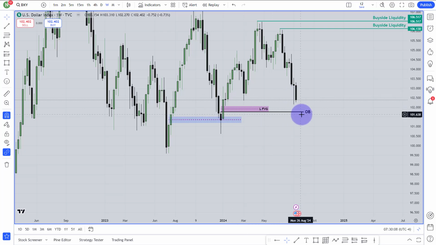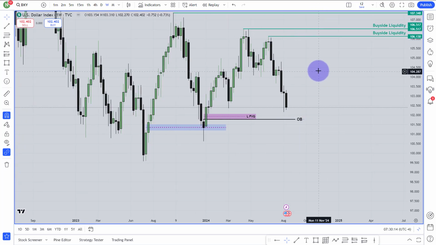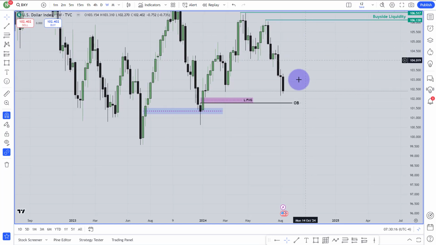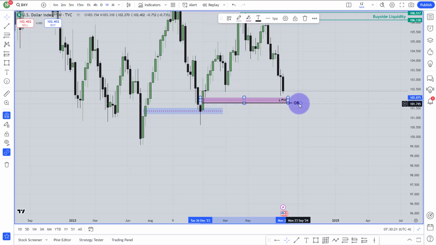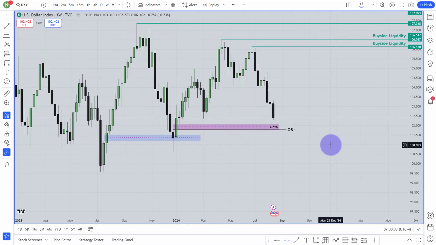If it can trade that order block level and then give me a very nice speedy move toward the buy side liquidity, that is going to be something I really would love to see. But if it went through this last parabolic gap and also this order block, then the next target is going to be the 50% of that specific week. Okay, so you see this week from open to low, the 50%, that is going to be my last target, and then we will see where it is going.